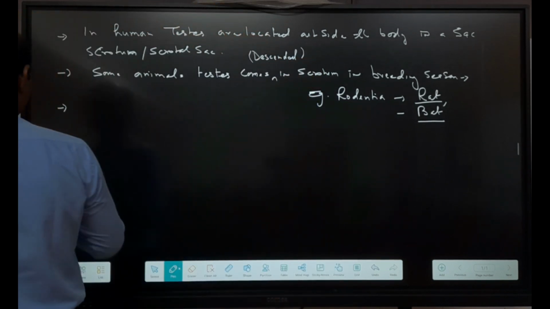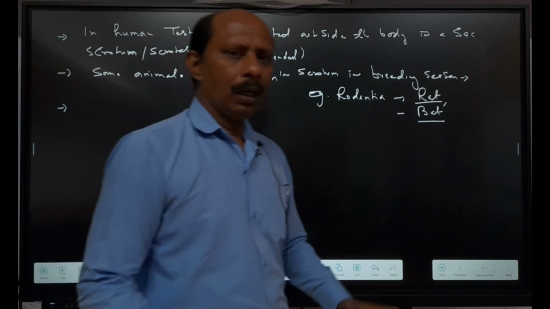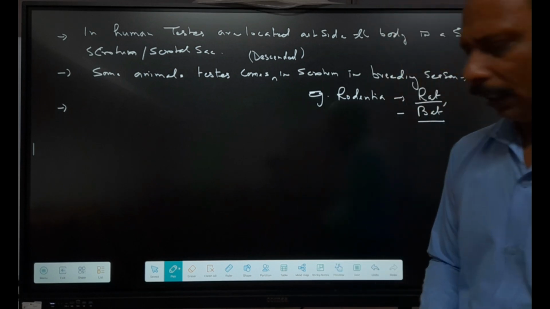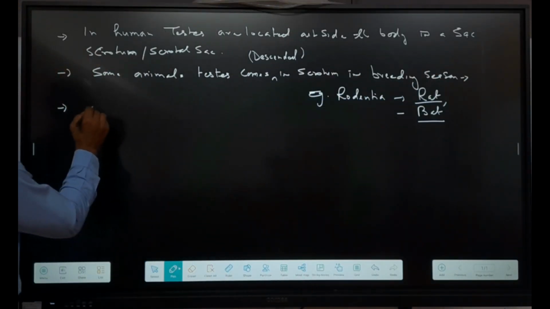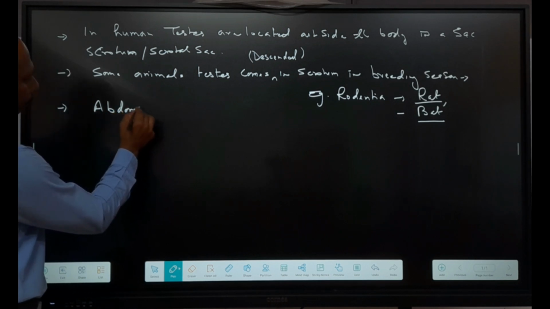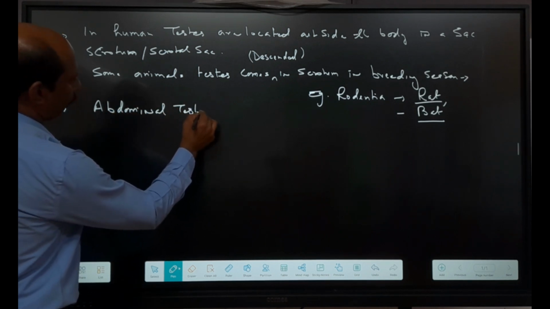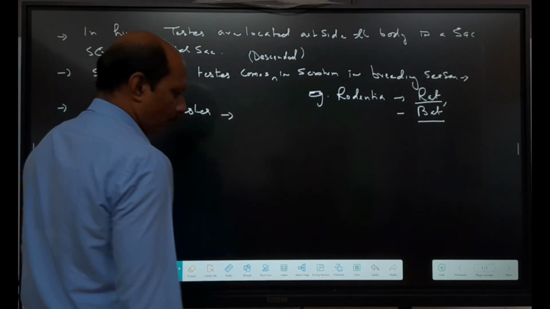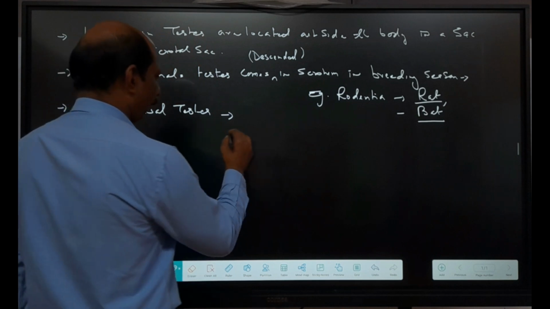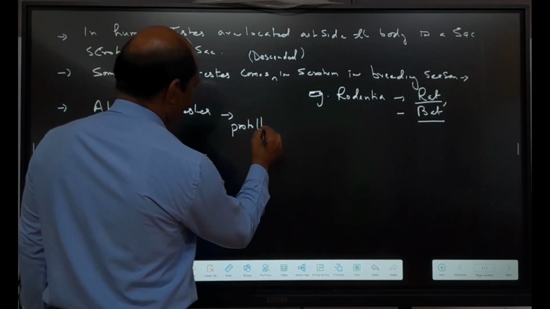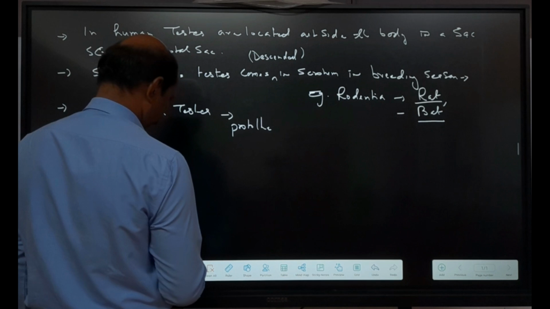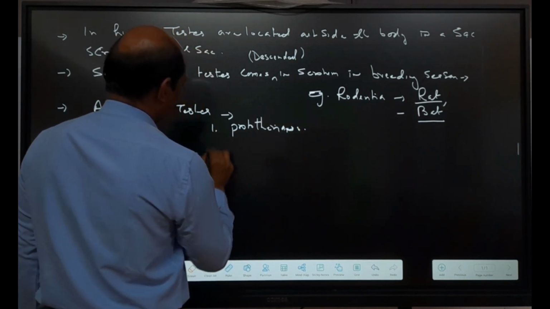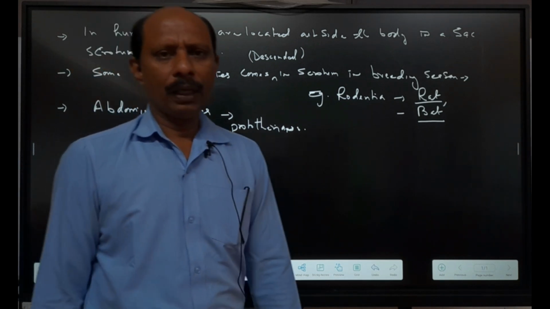And in some animals the testis is permanently located inside the abdominal cavity, and never comes out into the scrotum. These are abdominal testis examples. For example, the prototherians, which are egg-laying, like Echidna or Platypus.